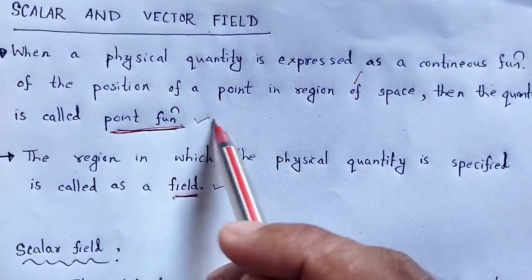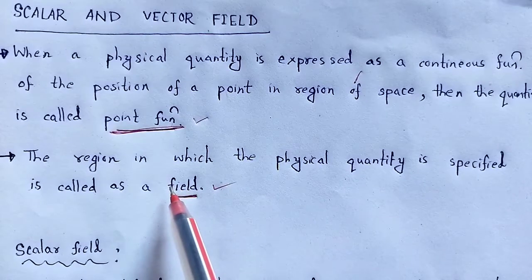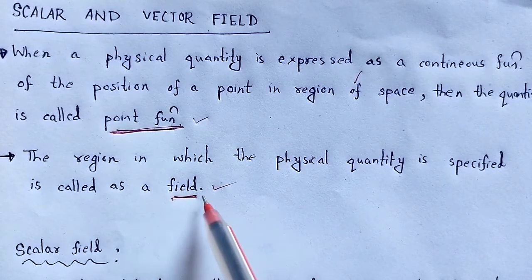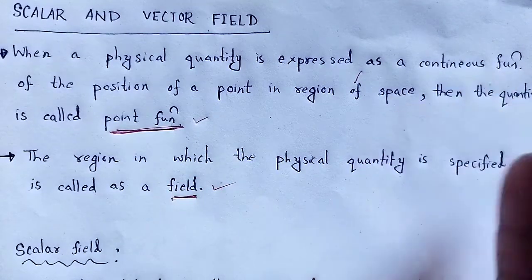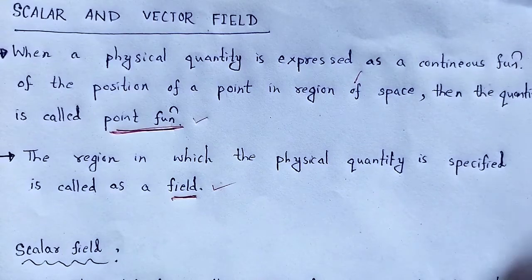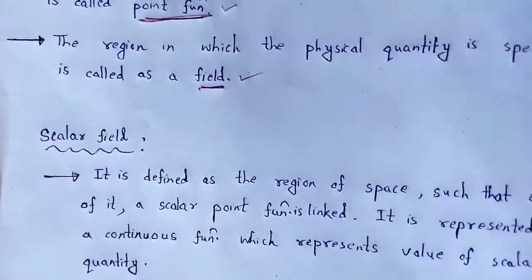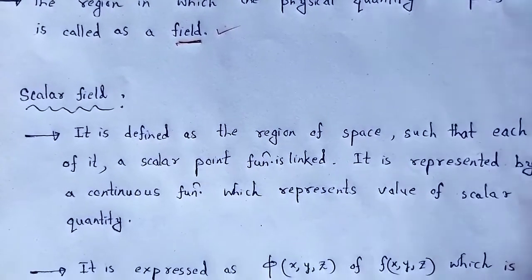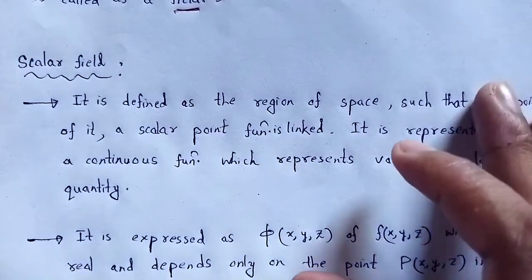We have to understand point function and field. On that basis, the field is divided into two categories: one is scalar field and another is vector field. So how do we define a scalar field?